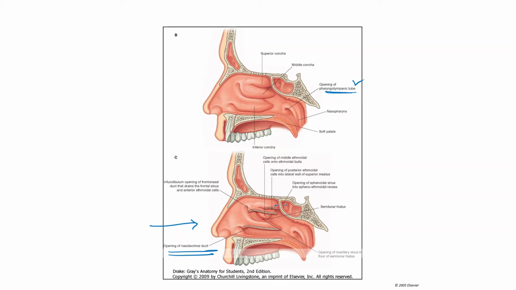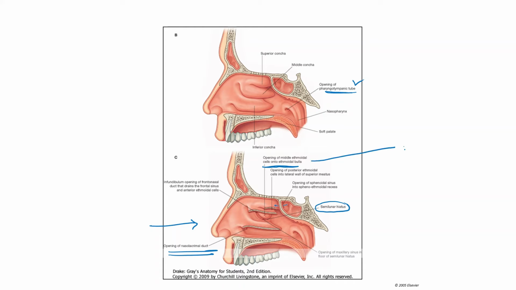Then moving on to the features of the middle meatus. The middle meatus has two important parts: number one, the bulla ethmoidalis, and number two, the hiatus semilunaris.